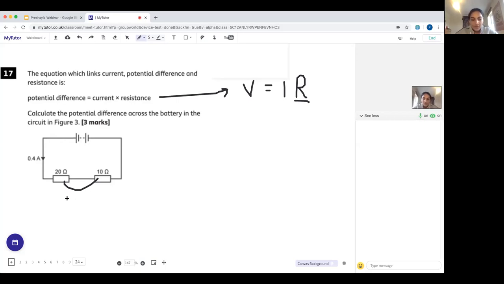Cool, so you want to add the resistances to get 30 ohms. Then you can put 30 ohms and 0.4 amps into your equation to get 0.4 times 30, which would be 12. So if you put 12 volts, well done, that's the correct answer.